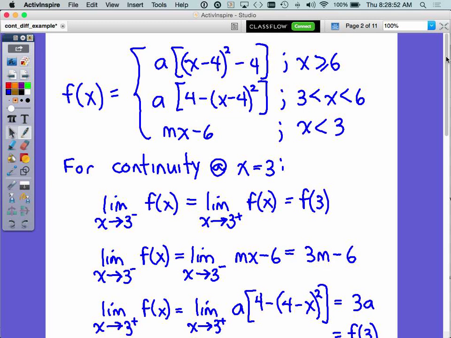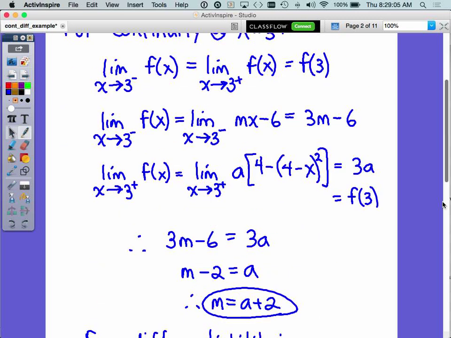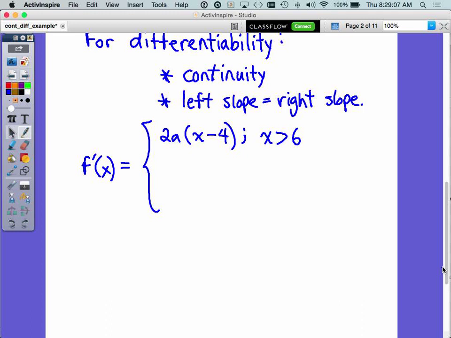We see here, a is just a constant, so I take the derivative of this. I get 2 times x minus 4 to the first power. The derivative of the inside is just going to give me a 1. The derivative of 4 is 0, so I end up with 2 times x minus 4 times a, which is what we have here. The other ones differentiate similarly.